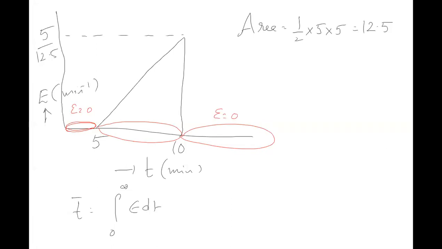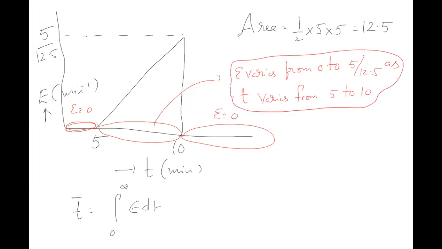So in this range, E varies from 0 to 5 by 12.5 as t varies from 5 to 10. So can I put the E value as constant like the previous question?